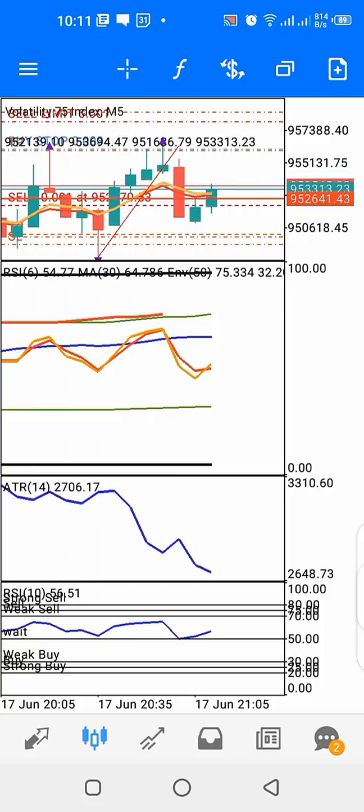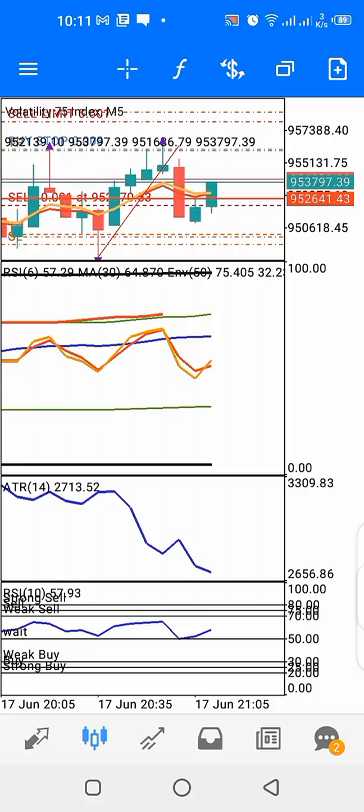That is if the buy stop gets triggered and turns to a buy trade. So I have 2,500 points for my take profit for the buy trade, and 2,500 points for my take profit of the sell trade.